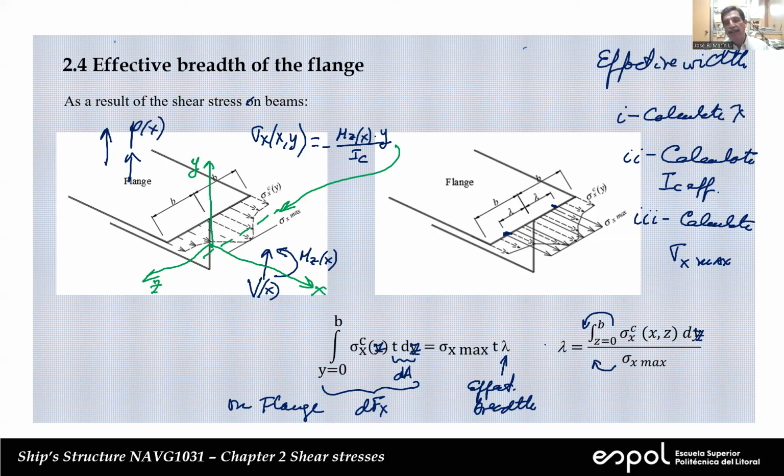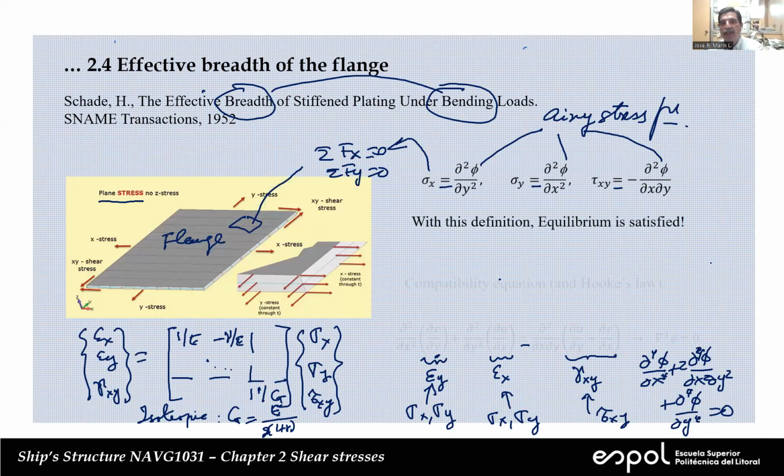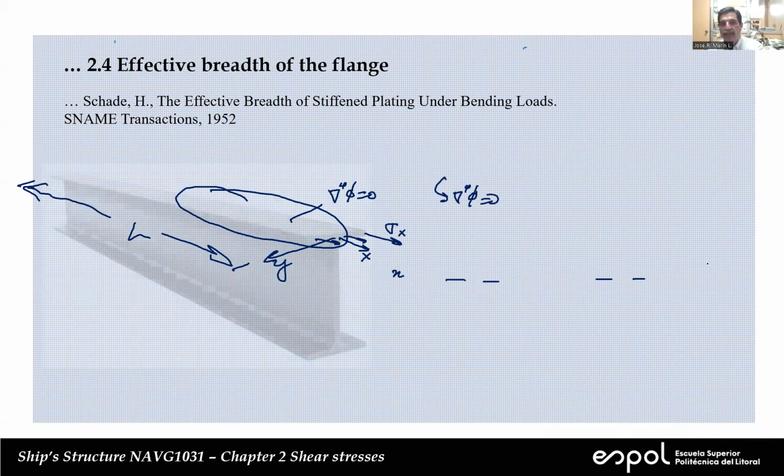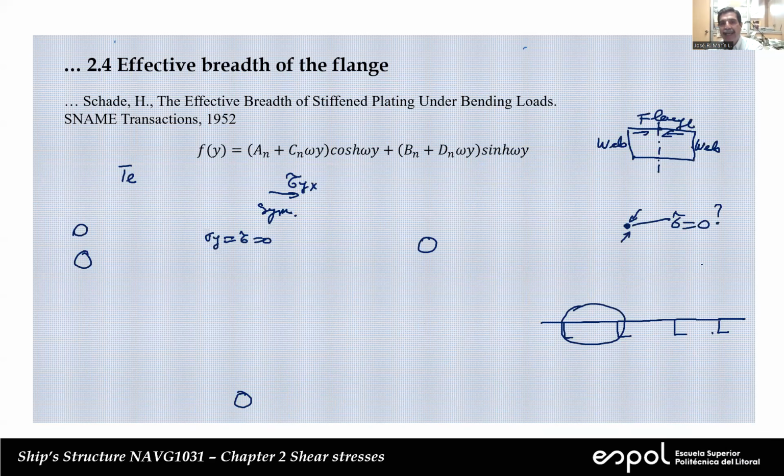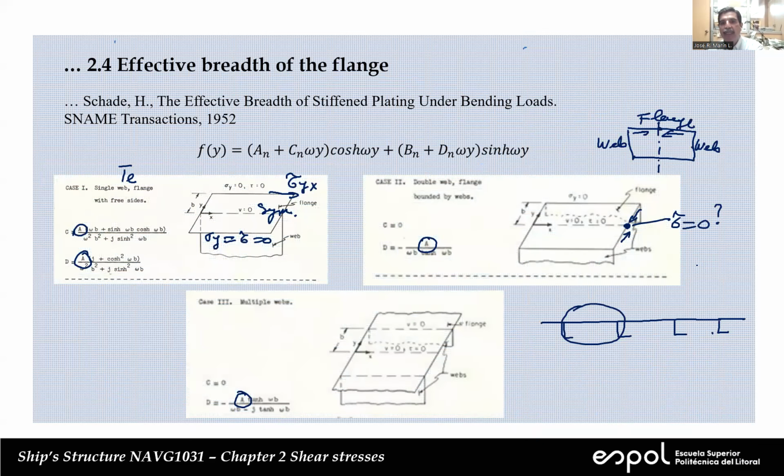So following Shady's theory, we are not able to completely determine the distribution of stress. But what we can do is obtain a ratio between the integration and the maximum value.